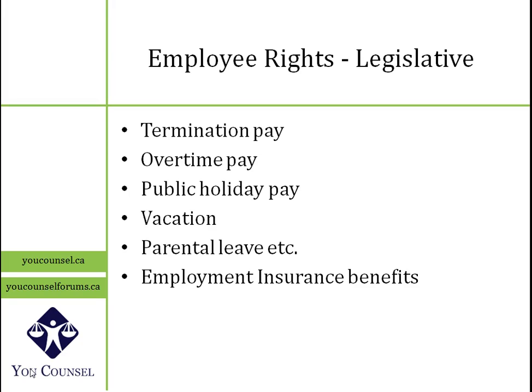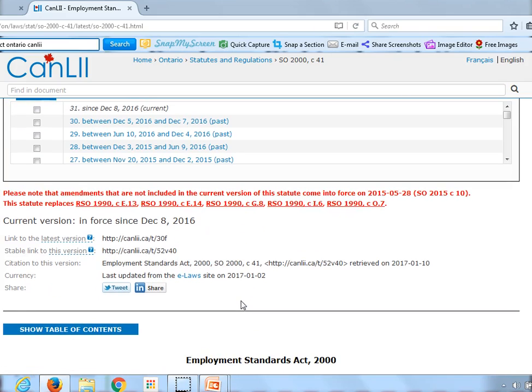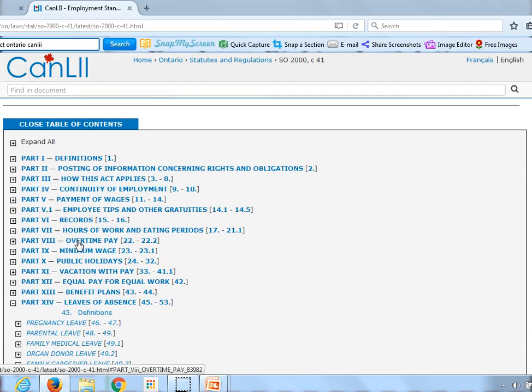If you look at the Employment Standards Act, let's go there. The Employment Standards Act is the legislation in Ontario for non-unionized employees, and as you scroll through you will see there are a number of parts that provide details of the kind of rights that you as an employee are entitled to. For instance, hours of work and eating period, Part 7. Part 8 is about overtime pay.